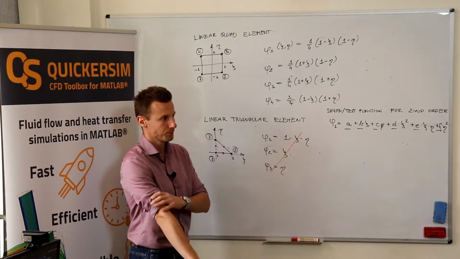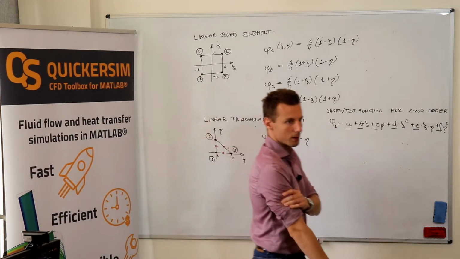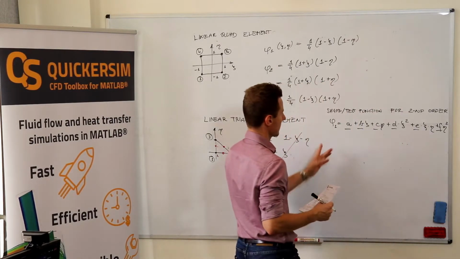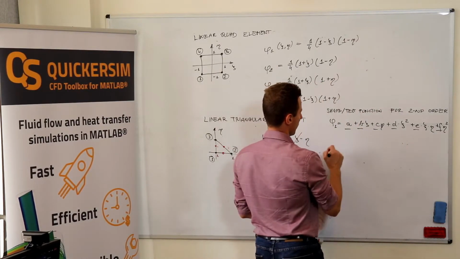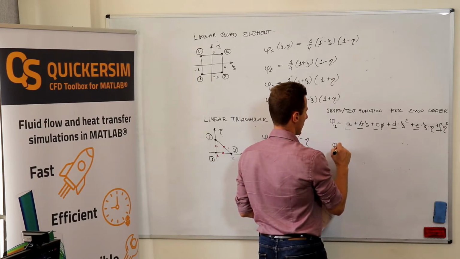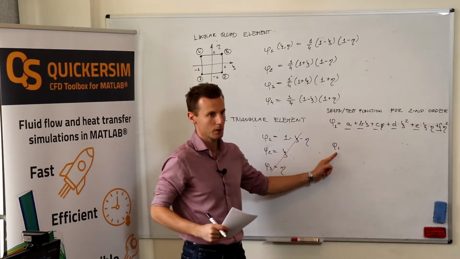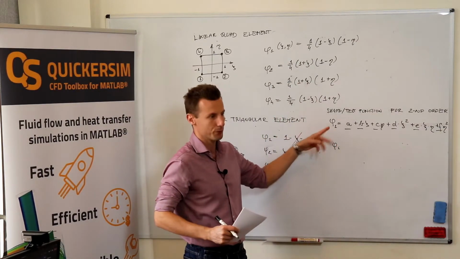Right? So what you come up with is, if we write something like that, that we've got the ith function where i goes from 1 to 6.